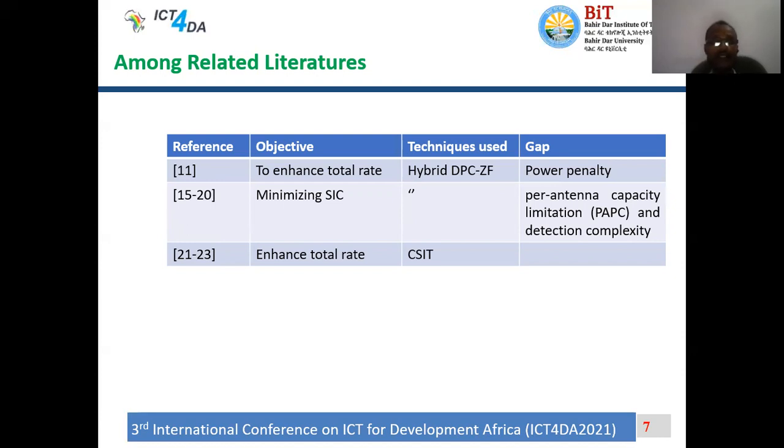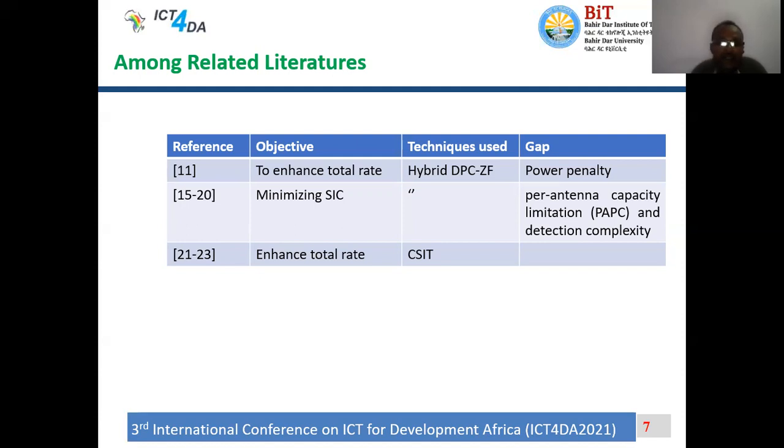And in references 15 to 20, the authors tried to minimize successive interference cancellation to increase the capacity by using hybrid dirty paper coding and zero forcing, even though they didn't consider the complexity issue during detection at the receiver.